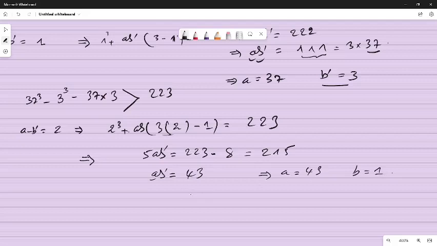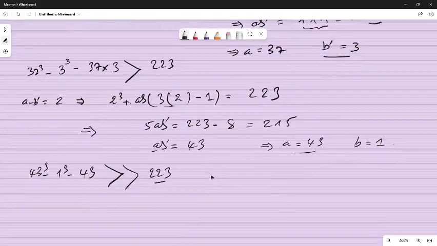And this gives no solution because 43 cubed minus 1 cubed minus 43 is largely greater than 223.